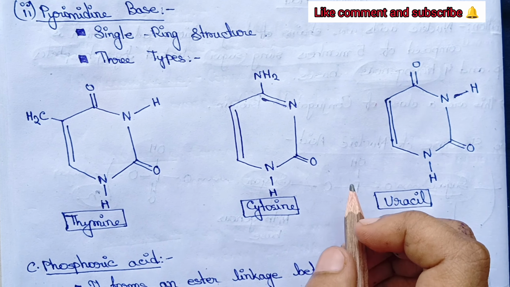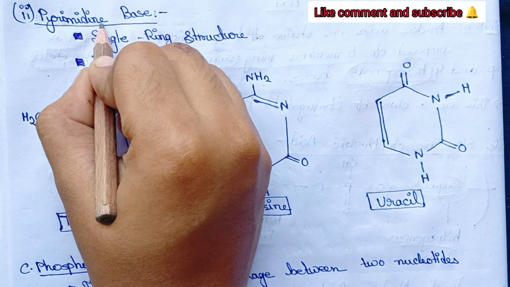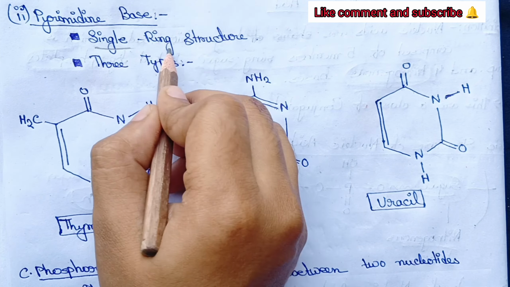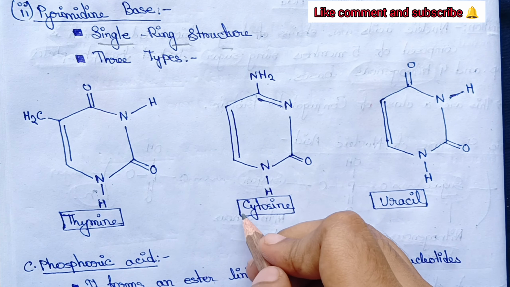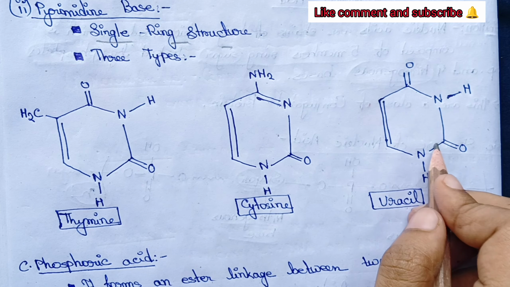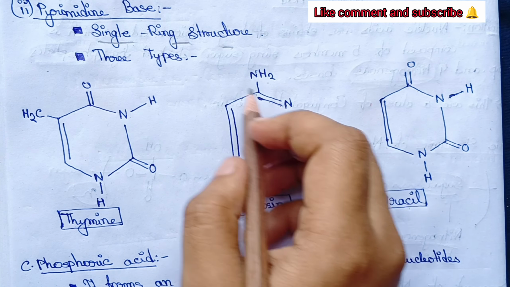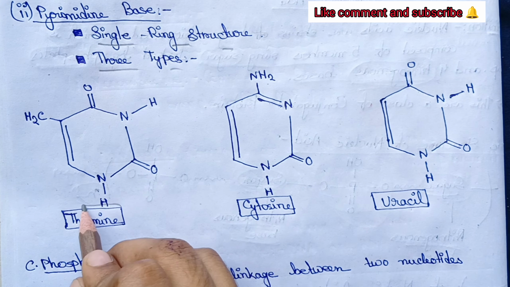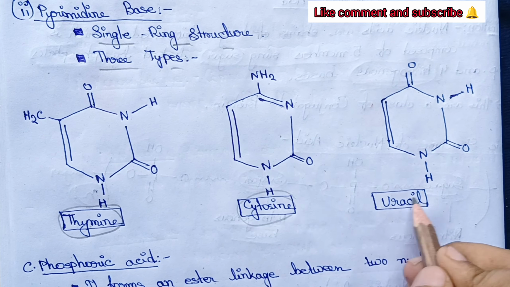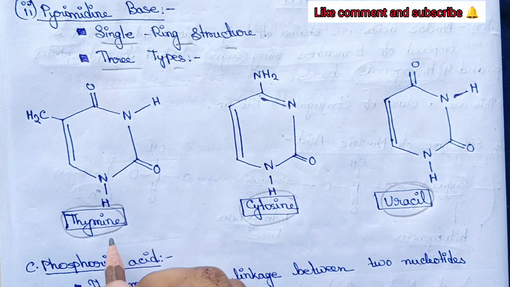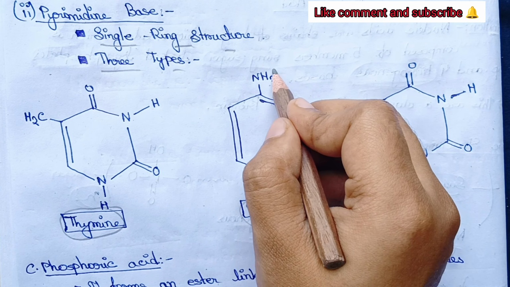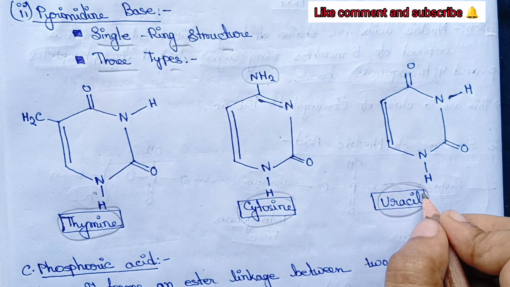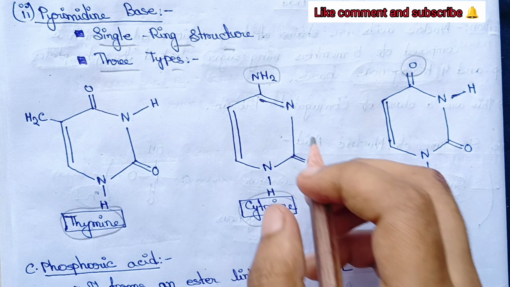The second type of nitrogenous base is pyrimidine. It is a single ring structure. You can see thymine, a single ring structure, cytosine, a single ring structure, and uracil, a single ring structure. It is of three types: thymine, cytosine, and uracil. In the thymine structure there is a double bonded O, in cytosine there is an NH2 group, and in uracil there is an O group.